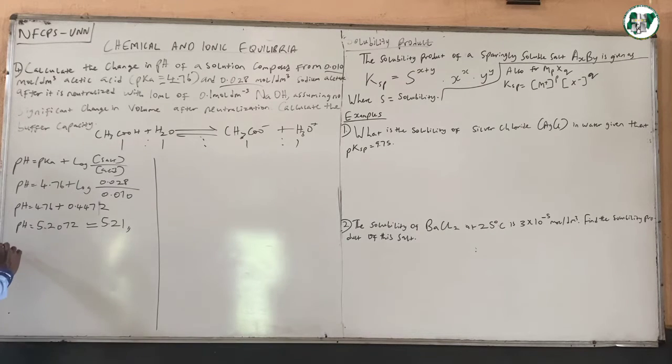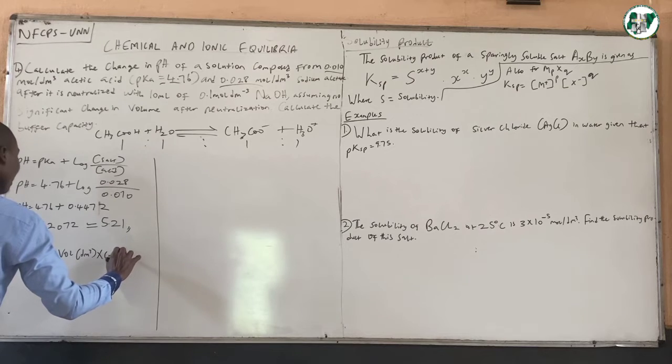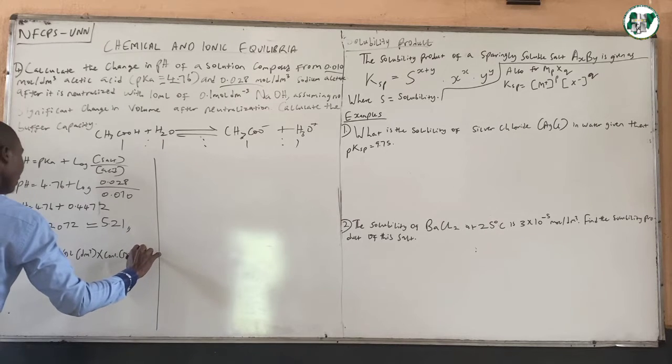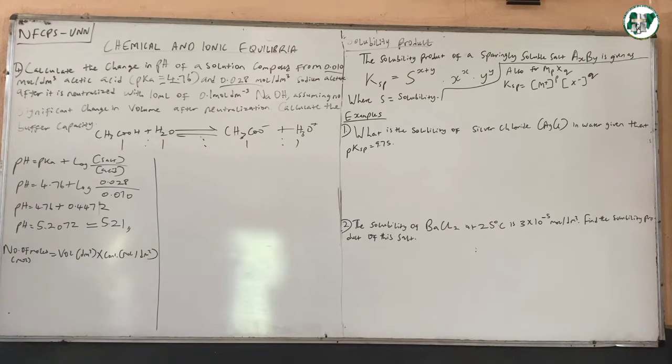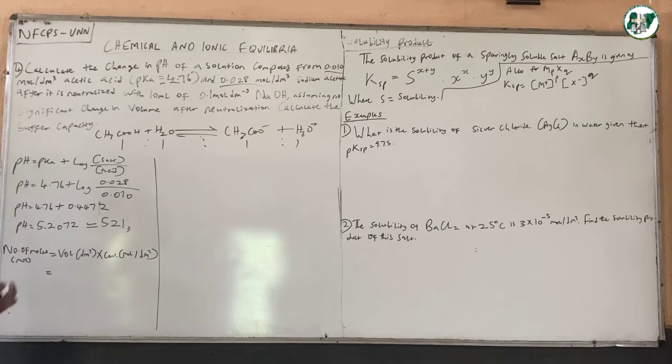We know that number of moles is equal to volume in dm cube times concentration in mole per dm cube. The volume is given as 10 ml. To convert to dm cube, we divide by 1000.